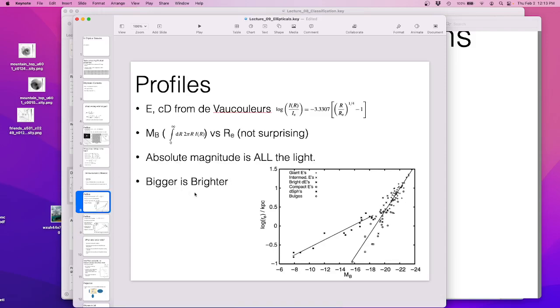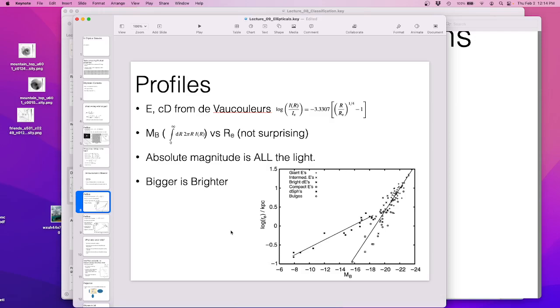So this is the relationship between the effective radius and the maximum brightness for a whole bunch of galaxies. So the effective radius is where half the light is contained within that radius. So we define the effective radius as the integral from 0 to RE.